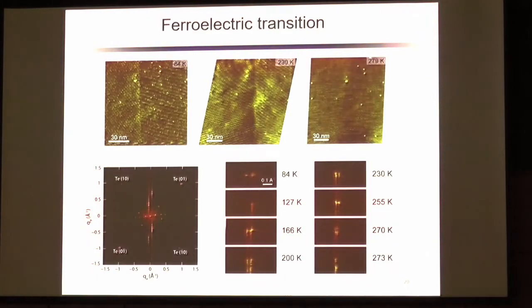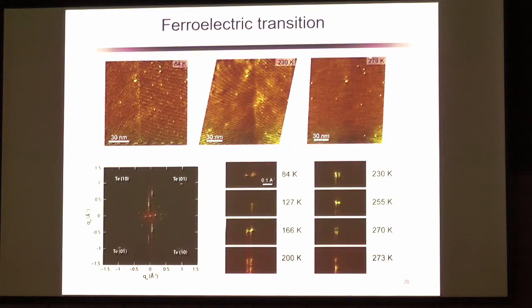Then we do the experiment at different temperatures. It's still challenging because of the drifting, so you have to find exactly the same region and monitor it at different temperatures, especially around room temperature. You can see here, this is at 84 Kelvin.